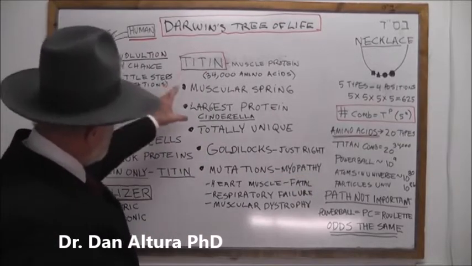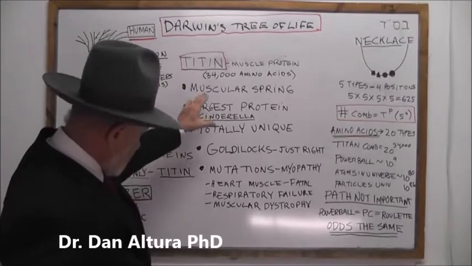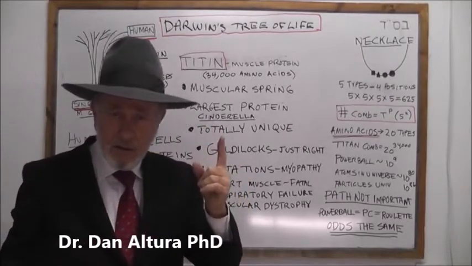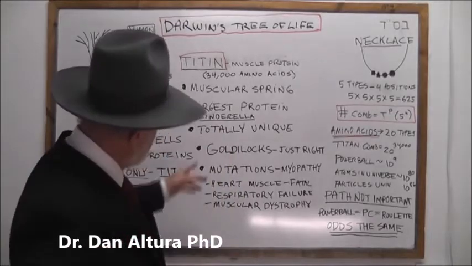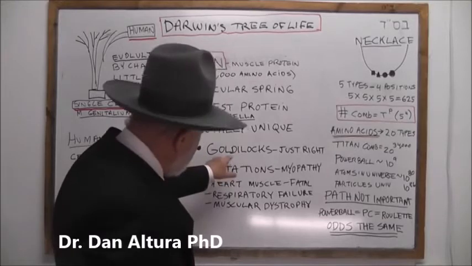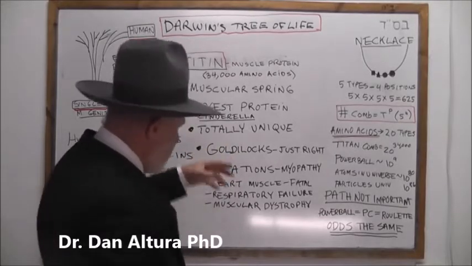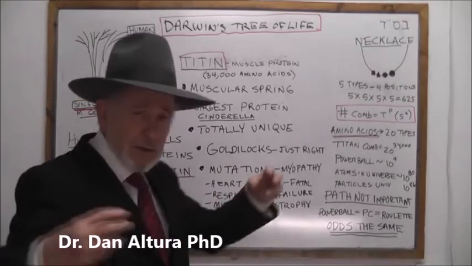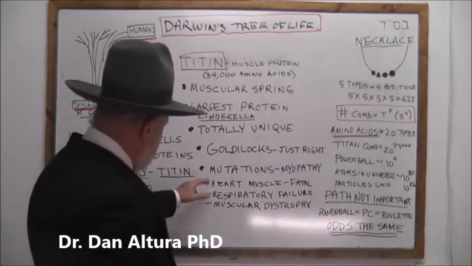They've already discovered that with Titin, if you have even a single point mutation, it has to be just right, this protein. You can't have any other combinations. There's only one combination that's correct.